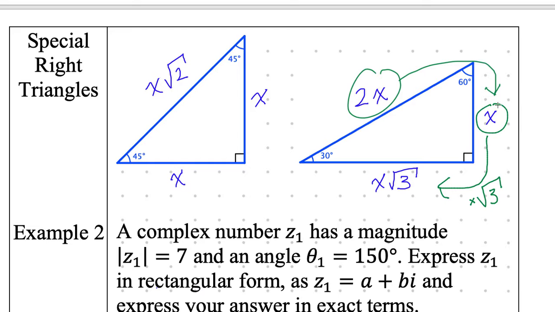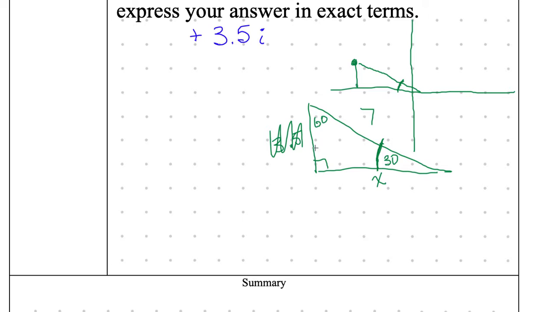So take whatever the short leg is, multiply by square root of 3, and you will get the long leg. So the long leg therefore is 3.5 square root of 3. There it is. I can make that bigger because I have more room. 3.5 square root of 3 plus 3.5i.